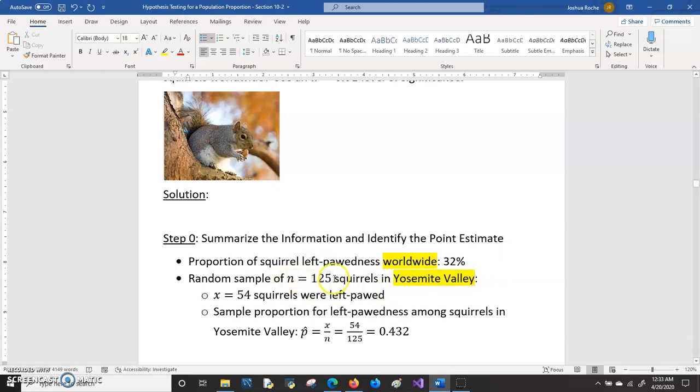This biologist took a sample of 125 squirrels, and in that sample 54 of the squirrels were left-pawed. So that sample proportion for Yosemite Valley comes out to x divided by n, so 54 divided by 125, which is 0.432.